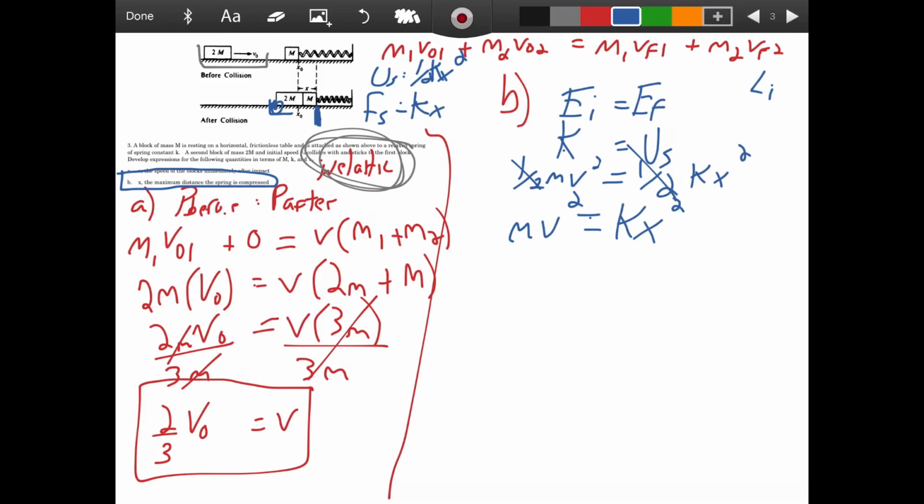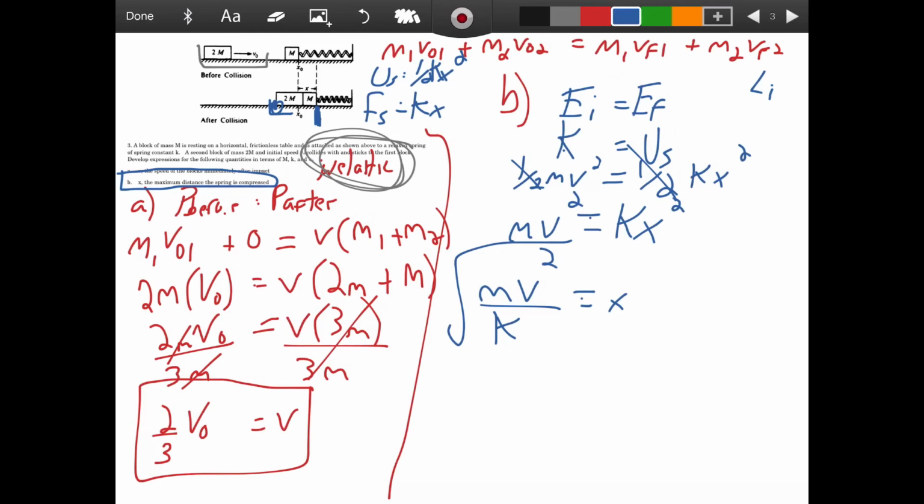It might be helpful to solve for x squared before I plug in any values. So if we get x squared by itself, we have mv squared over k equals x squared, and we want to get rid of that, so we take the square root.